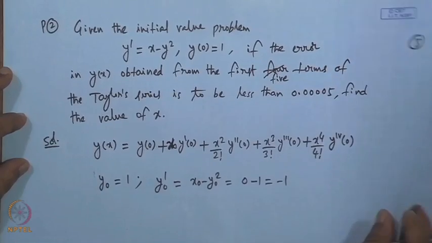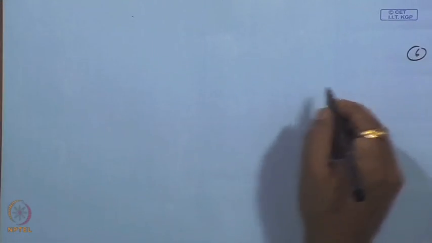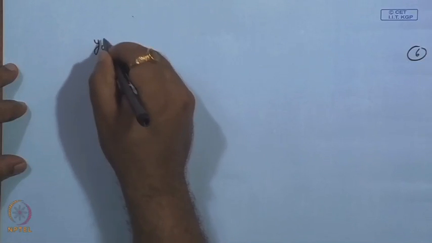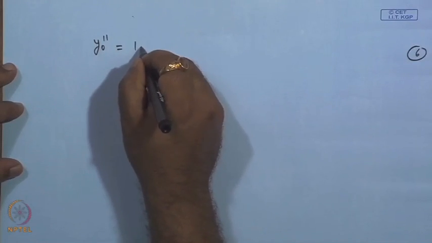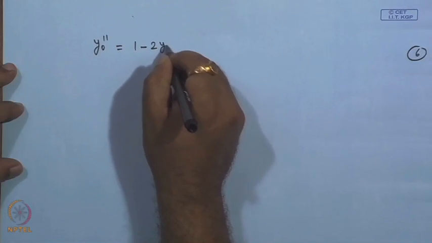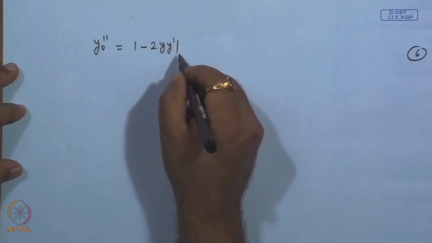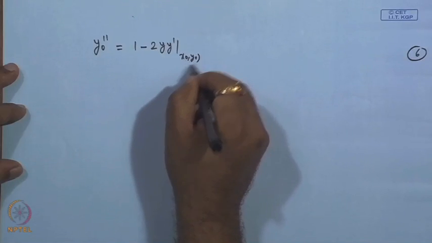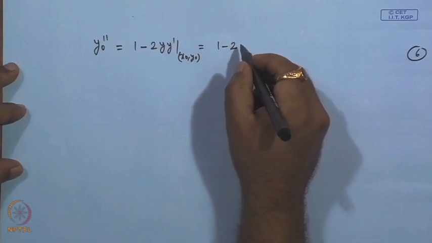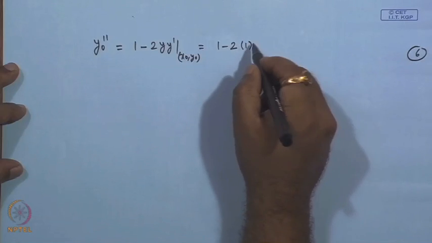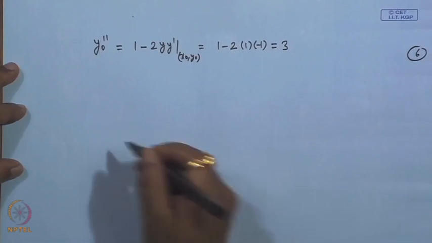Then y double dash 0 is 1 minus 2 y y dash, evaluated at 0, so this will be 1 minus 2, y 0 is 1, y dash is minus 1.